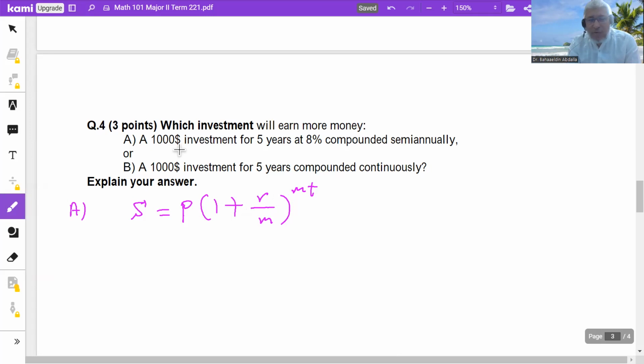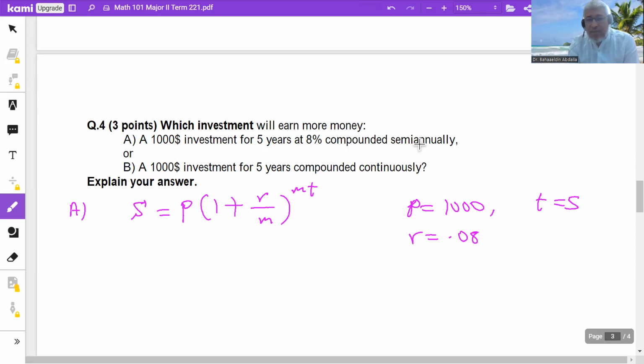So in this question, a $1,000 investment means that P is 1,000, the present value. For 5 years means that T, the number of years, is 5. At 8%, so R is 0.08. We write R in decimal like this: we divide 8 over 100, so it's 0.08.